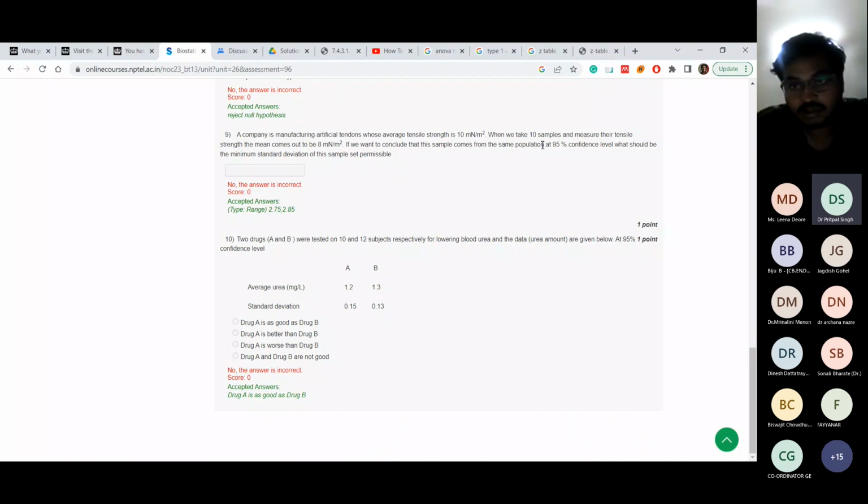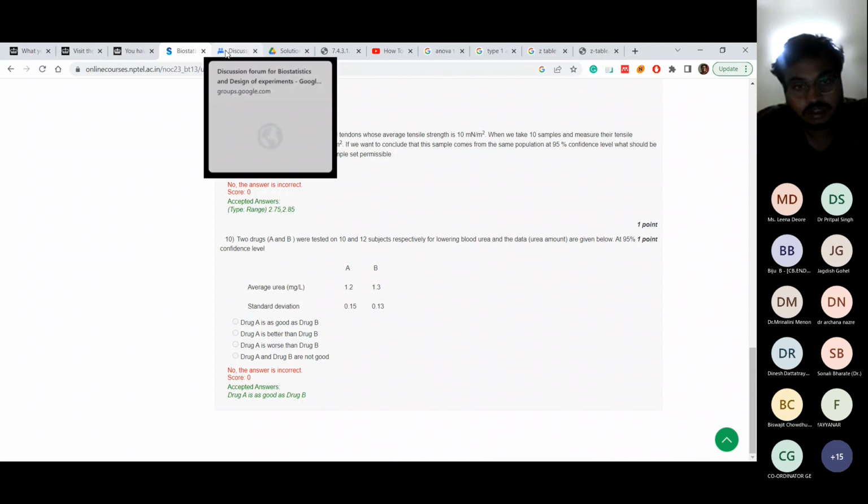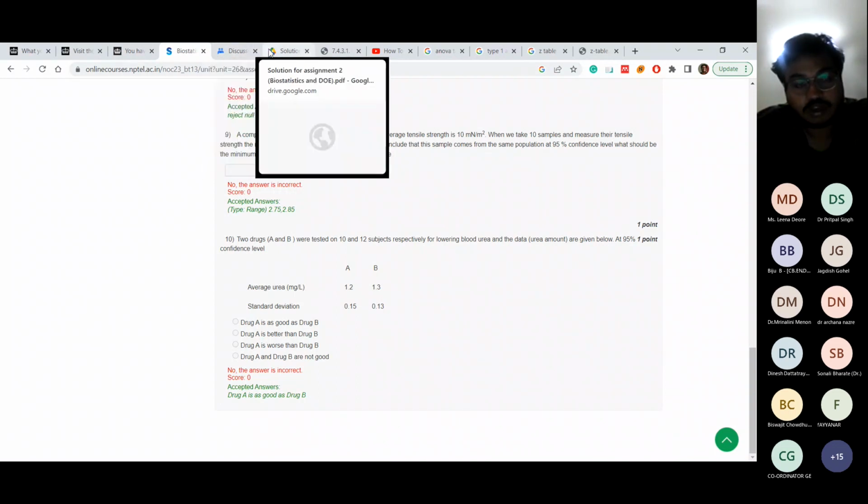When we take 10 samples and measure their tensile strength, the mean comes out to be 8 millinewton per meter square. If you want to conclude that the sample comes from the same population at 95% confidence level, what should be the minimum standard deviation of this sample set permissible?